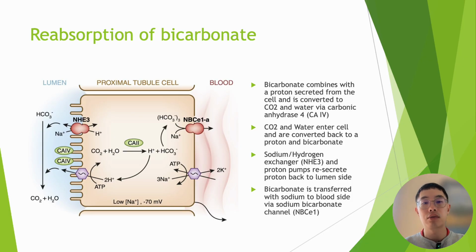The proton gets excreted either through a H plus ATPase or the sodium hydrogen exchanger NHE3 that we had previously discussed as a method for sodium reabsorption in the proximal tubule. Then the cycle repeats itself over and over again with overall no net loss in protons. In the distal convoluted tubule and other areas of the nephron where bicarbonate is reabsorbed, the same process occurs but at a lesser degree compared to the proximal tubule.